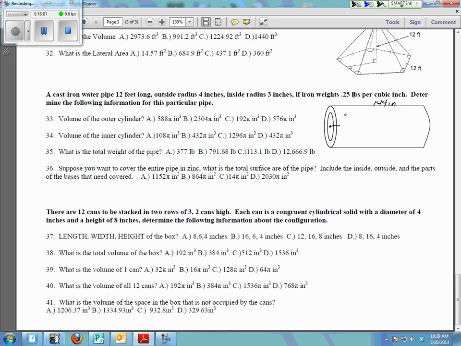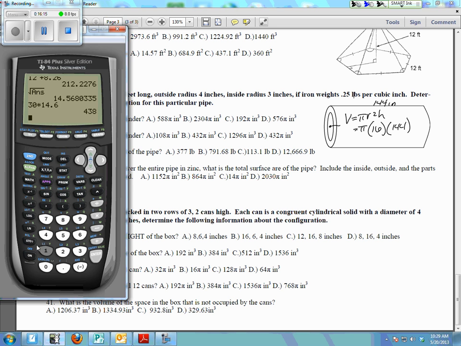So the volume of the outer cylinder is pi r squared h. So pi, radius is 4, we'll square that and get 16, and then h is 144. So 16 times 144 times pi would be option B.